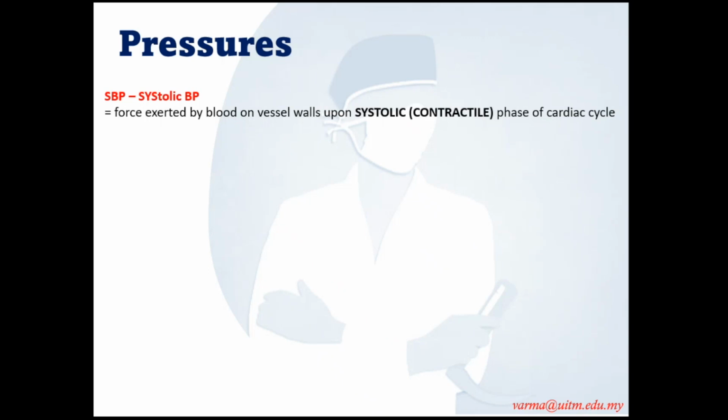The blood ejected from the heart goes into the aorta and your arterial system. It exerts a force on the blood vessel wall. That is the pressure that is recorded. It is the pressure against which blood has to be ejected from the heart. In other words, the heart has to push against this. That's why we call it systemic vascular resistance, or afterload.